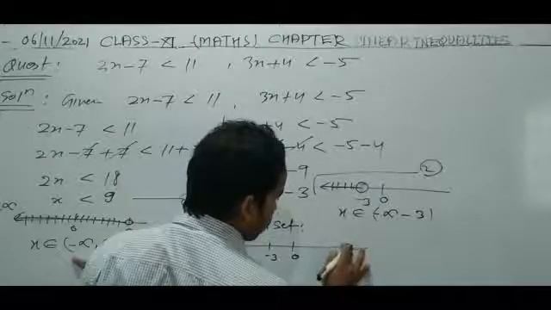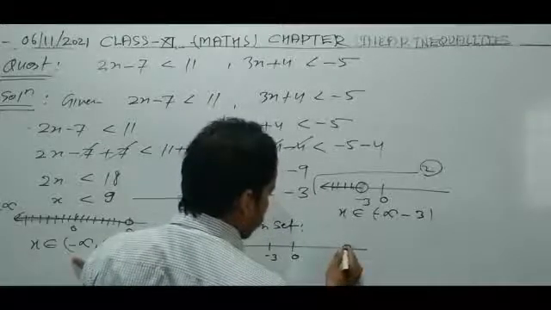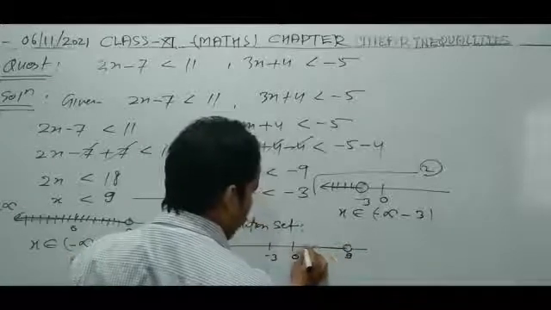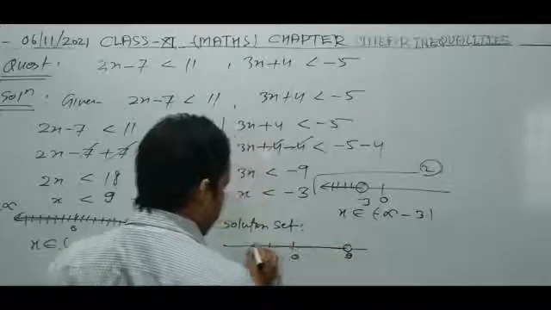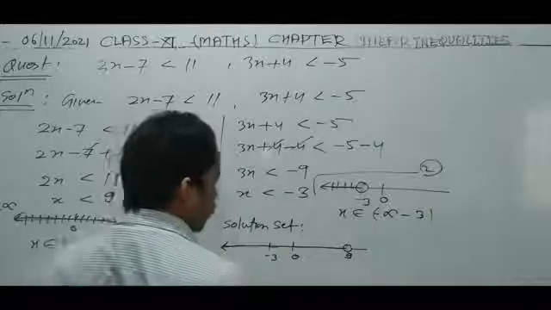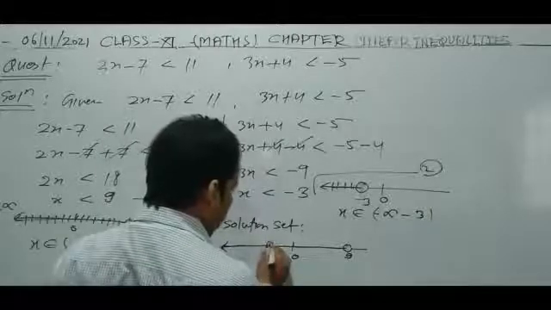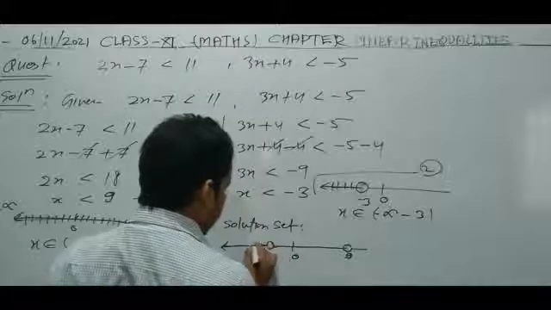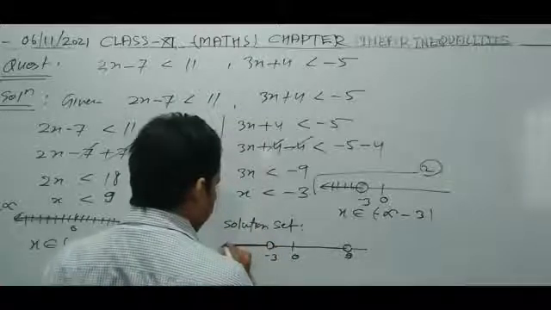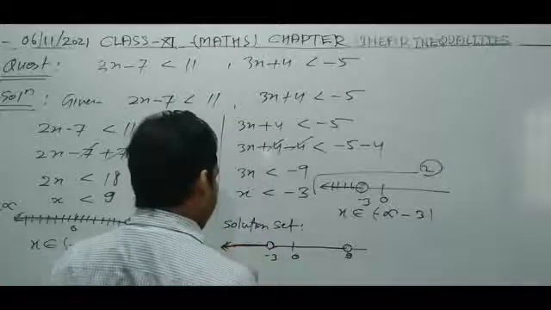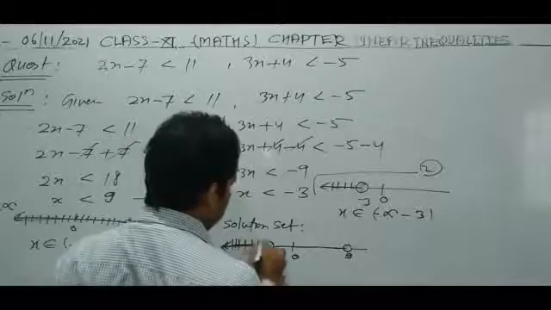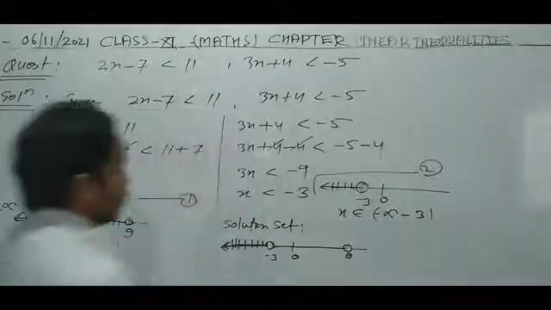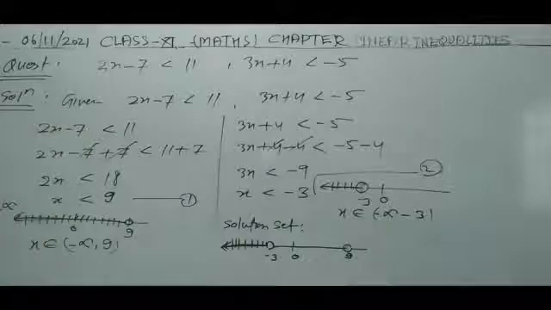Suppose, when you see x is less than 9, so this will be the arrow, or less than -3, again this part will overlap, so this will be the region. And now what will be the solution set? The solution set will be x is less than -3.